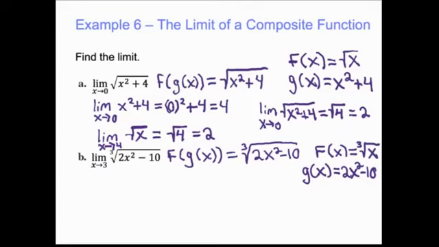So first we're going to take the limit of g of x as x approaches 3. So we have the limit as x approaches 3 of 2x squared minus 10. By direct substitution, that equals 2 times 3 squared minus 10, which equals 8.